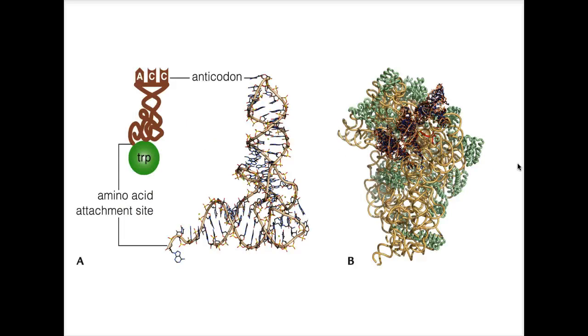Another part or another player in the translation process is our tRNA molecule. And we can see here, this is called a space filling model of the tRNA molecule. And this is a more simplified version.